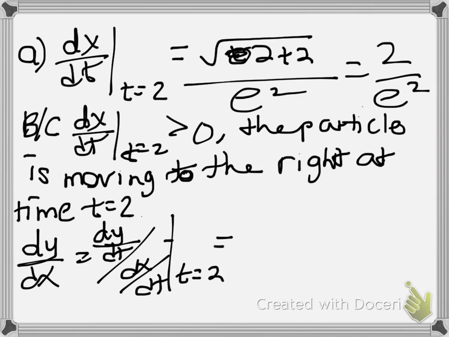So you're just going to plug in 2 for dy dt, sine of 2 squared, and dx dt is what we just solved, 2 over e squared. Put that in the calculator, you get 3.055.